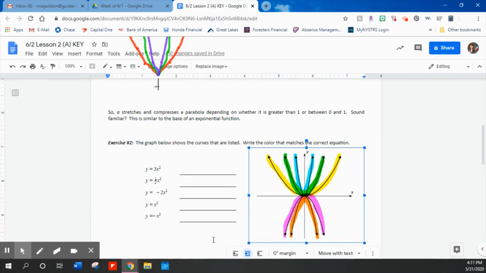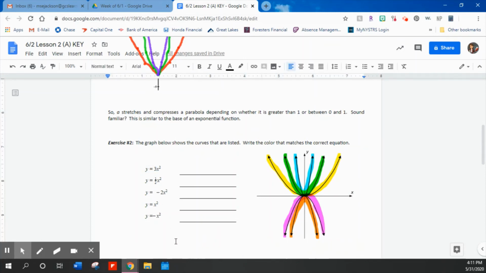Honestly, I don't think it's wise to go in order here. Let's look at the negatives first. So we have negative x squared and negative 2x squared. Remember, as a is getting bigger, I'm going to ignore the negative right now. Hopefully you know the negative is either going to be the pink or the orange.